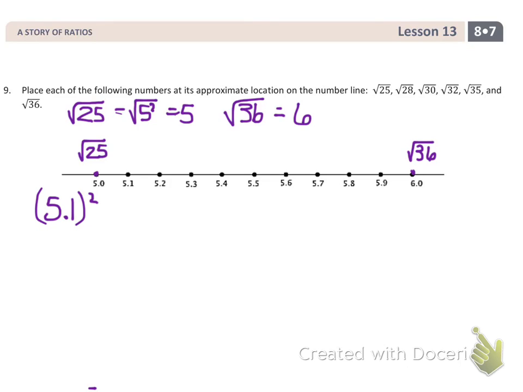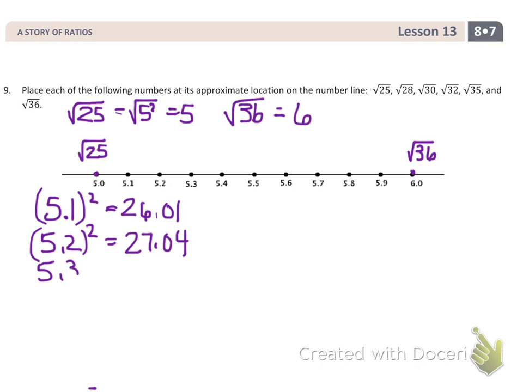So 5.1 squared is 26.01. And I'm just going to go ahead and do them all because I know that I'm going to need to know these, and I did these on a calculator. 5.3 squared is 28.09.